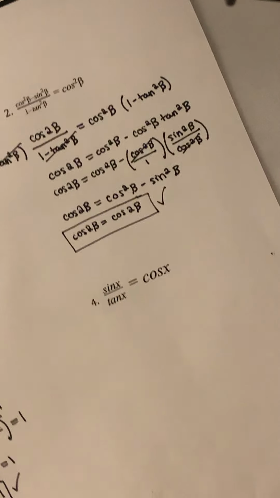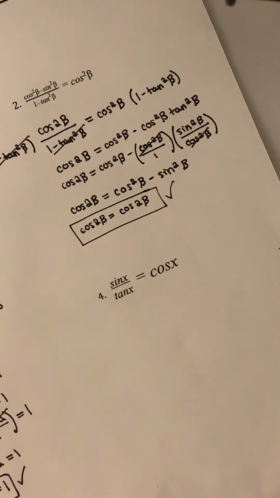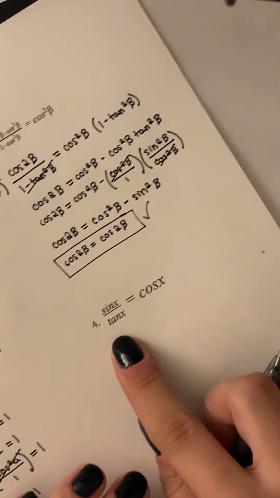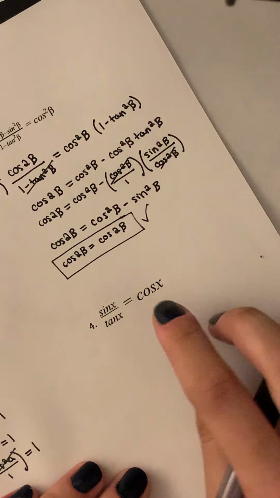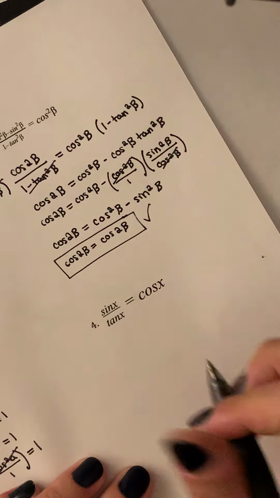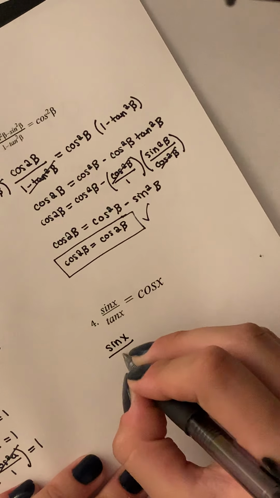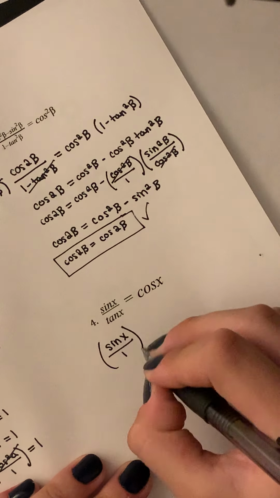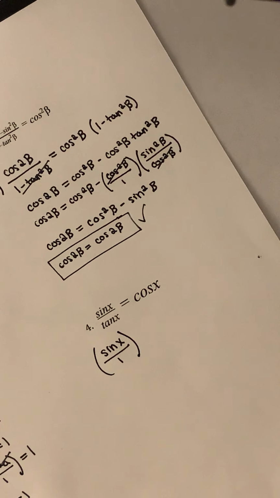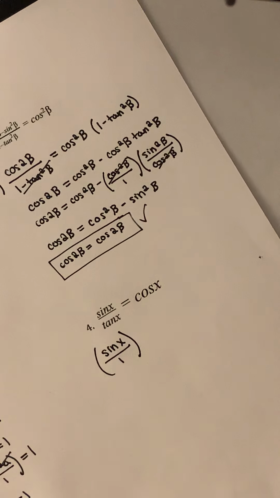So our last problem for this page is sine x over tangent of x is equal to cosine x. This side is really simple, so I'm going to work with this side. We have sine x, and I'm going to put that over 1 because we can see that the only thing that we can work with and manipulate on the left side is that tangent.